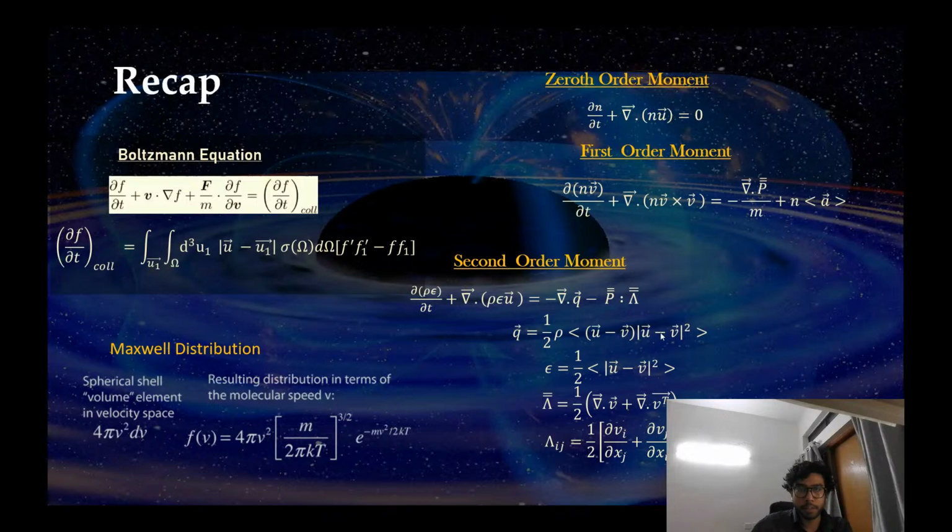So let me explain what this equation means. If you take the second order moment, this will give you an energy equation. The first order moment gave you the momentum equation, and the second order moment will give you the energy equation.